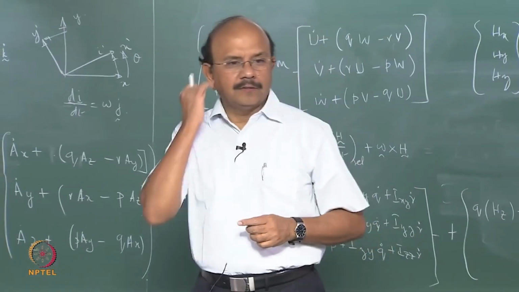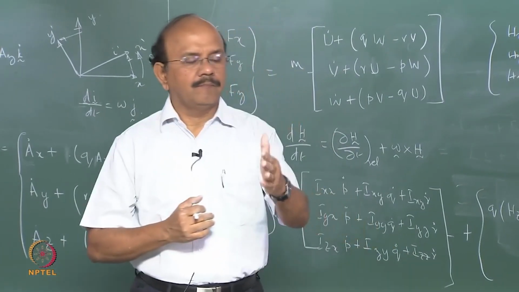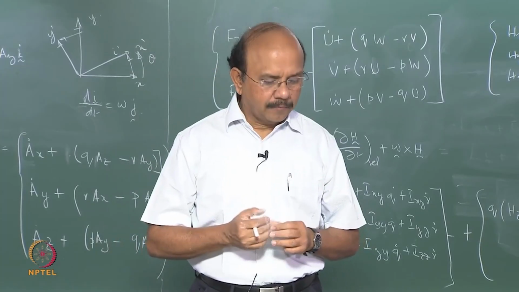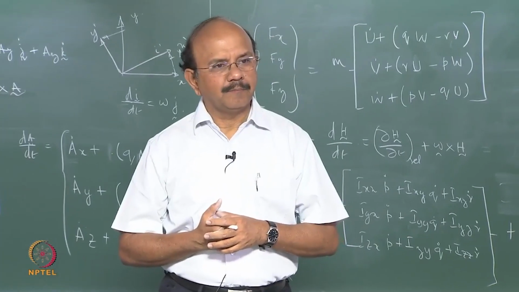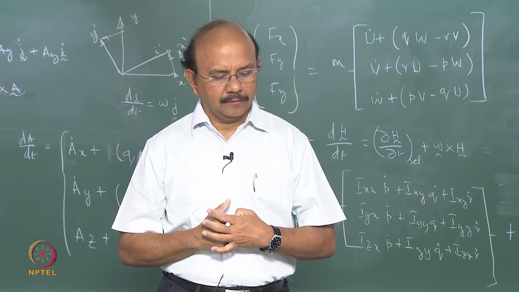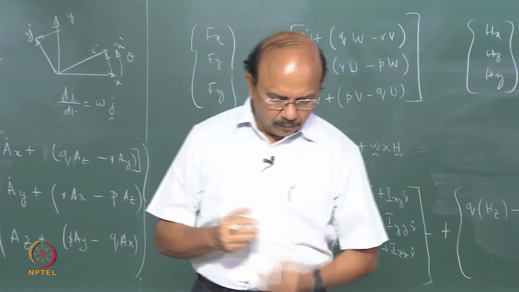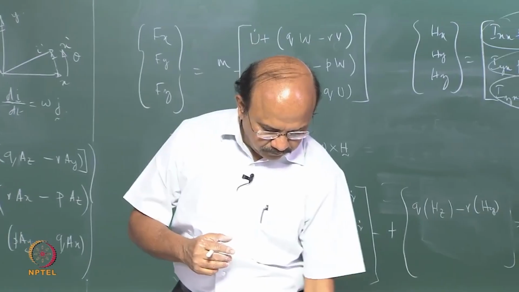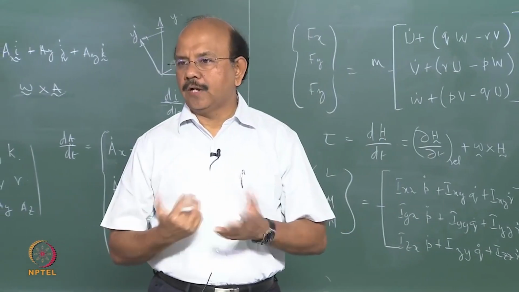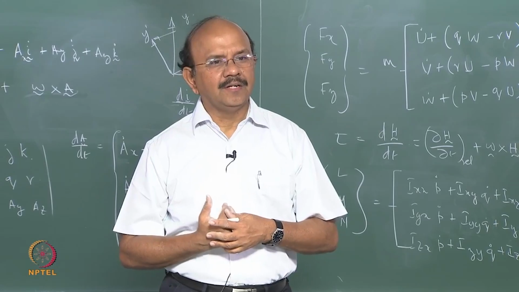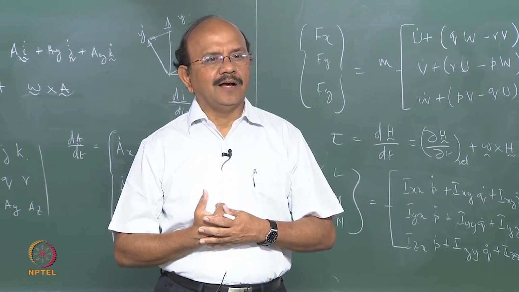So symmetry in a car is about what axes can you consider? One is the longitudinal axis. You can consider this as symmetry. The other is that we are dealing with principal axes.